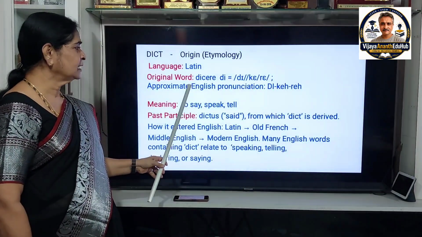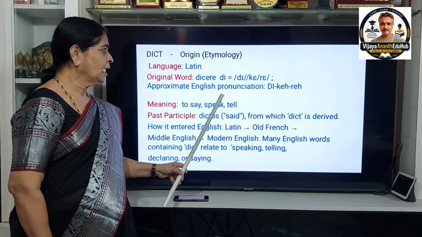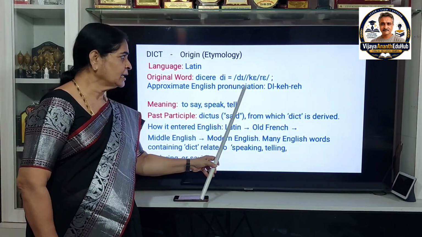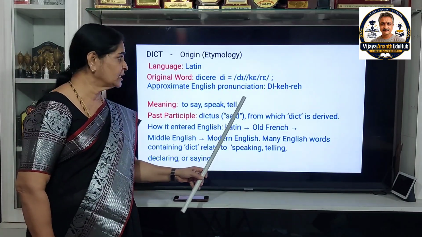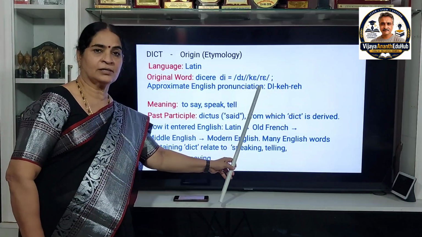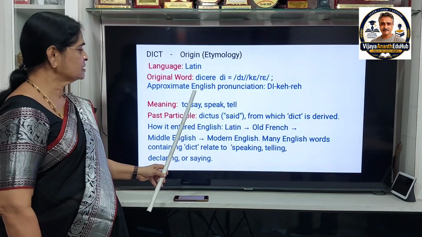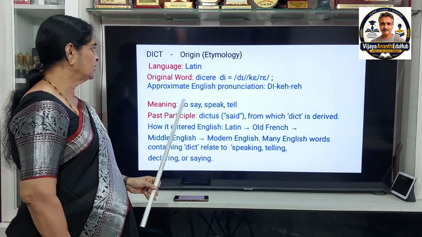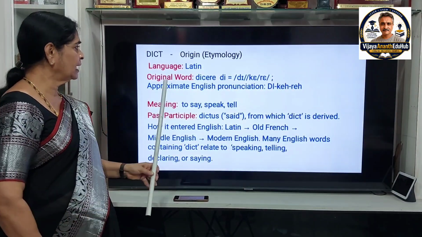It spells as DICERE, okay? And you can look at the IPA, International Phonetic Alphabet, also for this. Dictator, okay? From this word, dict is taken, and it's basically Latin.